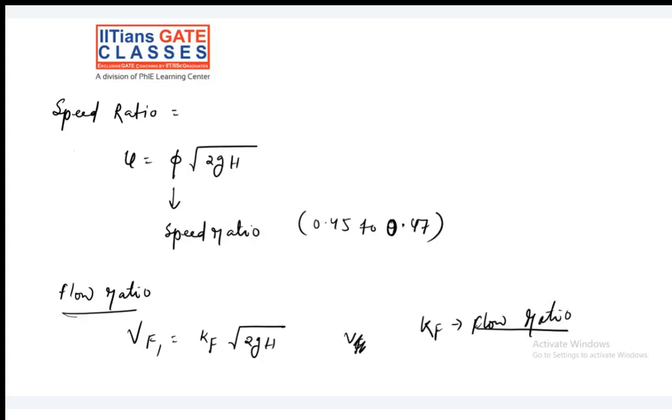Okay. So here we have seen that Vf1 is equal to 0. So the flow ratio Kf is directly 0. Got it?